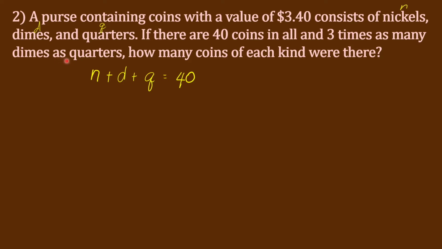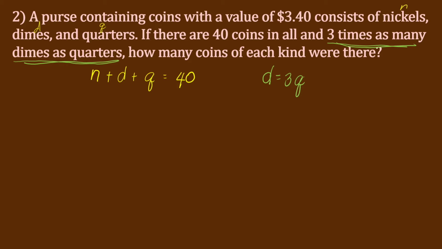Okay, let's focus on this part of the second sentence. 3 times as many dimes as quarters. So when we transform this into equivalent variables or expression, 3 times as many dimes as quarters is equivalent to this: D equals 3Q.